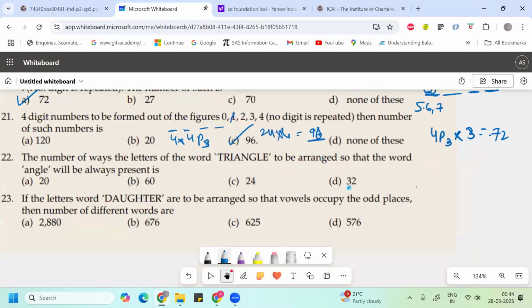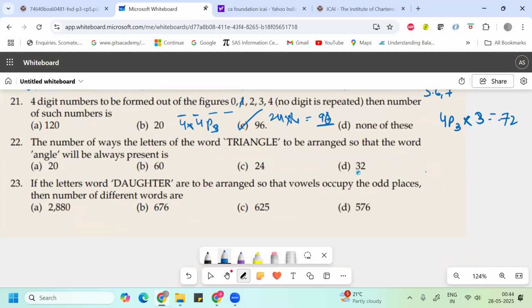Okay, then question number 22. The number of ways the letters of the word TRIANGLE can be arranged so that the word ANGLE is always present. So let ANGLE be x. Angle is x, so no arrangement would be done within it.